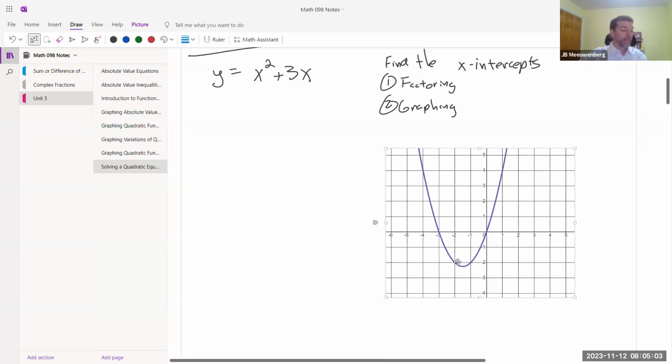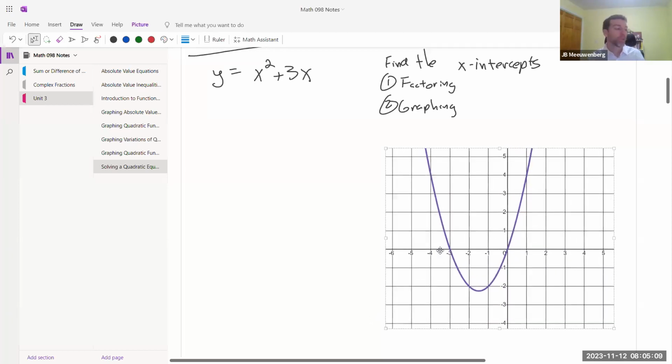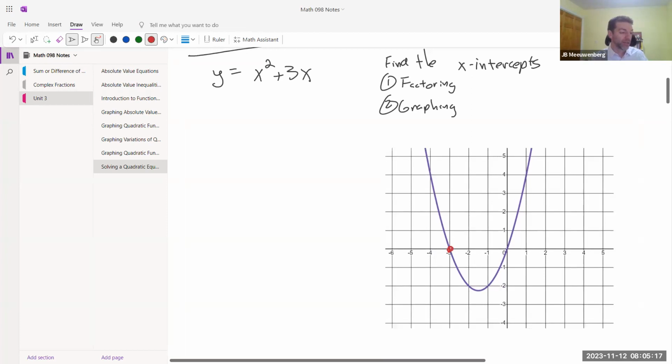So I went ahead and graphed this parabola, and it looks like this. And what I noticed right away is that it's crossing the x-axis here and here at -3 and at 0. Can we confirm that using some factoring? Well, let's set it equal to 0, because that's where y is equal to 0 on that x-axis.